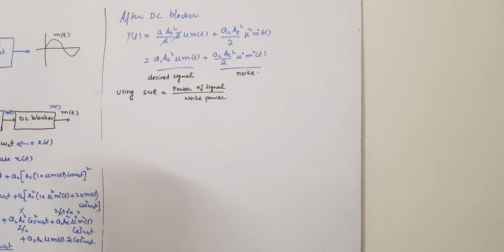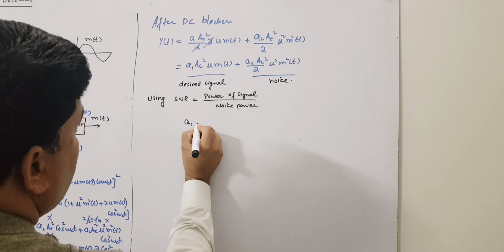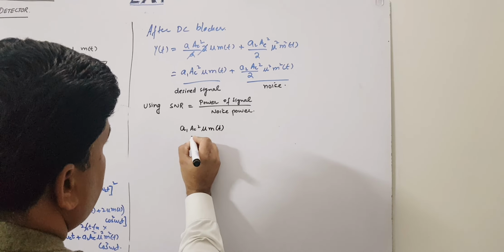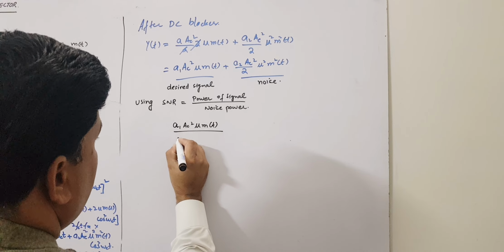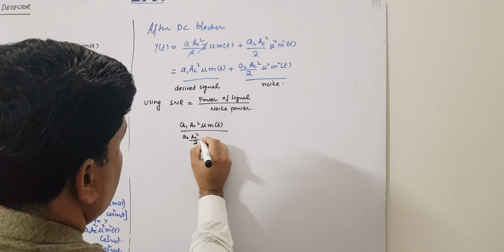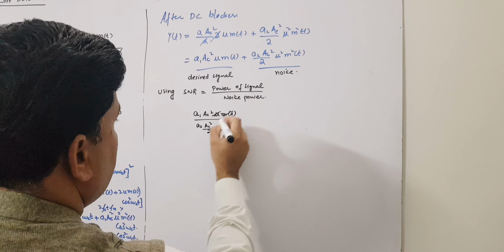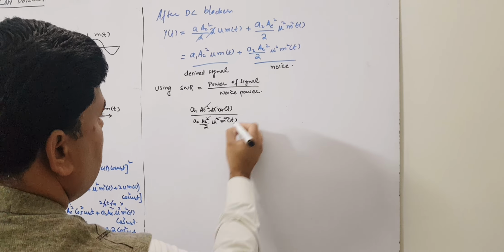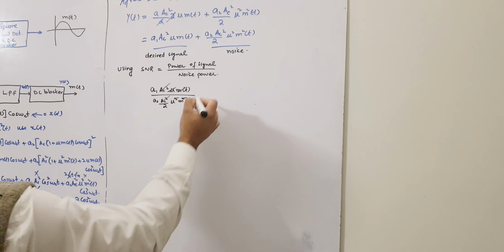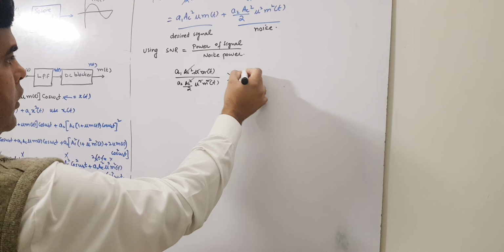So it means that if you take that as your signal, the signal is A1 AC square mu m t, divided by A2 AC square by 2 mu square m square t. The square will be cancelled with that one, and then again, that should be much bigger than 2, so that 2 can be on the other side.